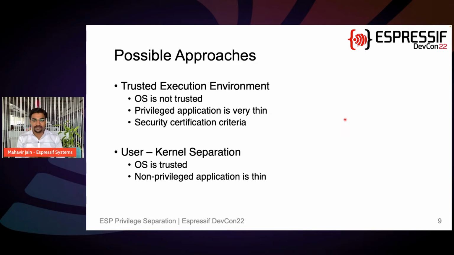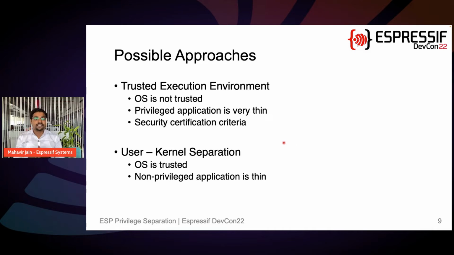It could be I2C. Now, in this case, only the device driver that is interacting with this crypto coprocessor is trusted, and the rest of the operating system, networking stack, and so on is not trusted. This kind of approach helps meet criteria for certain security certifications.